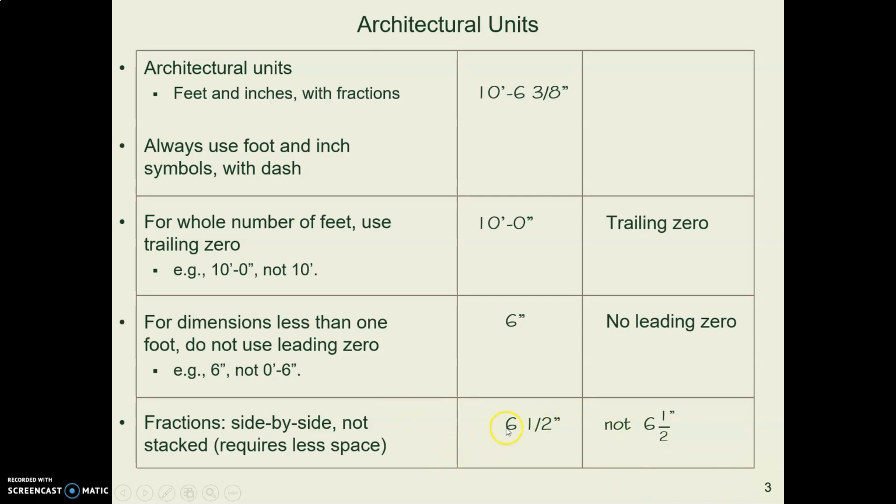And the way you do it here is inch, space, and then the fraction, inch mark. If you wrote 6 dash 1/2, there could be some confusion because we also write a dash after the foot mark. So we just go 6 space 1/2 inch mark.